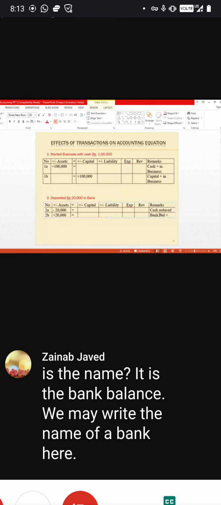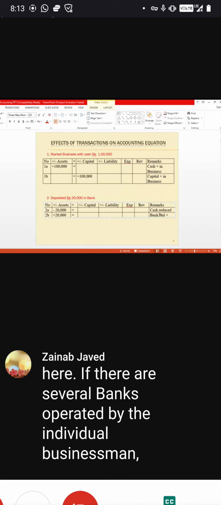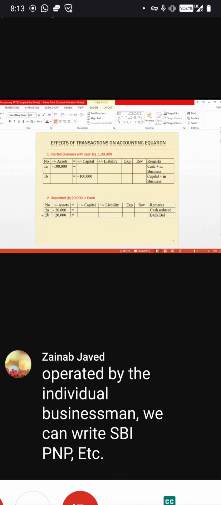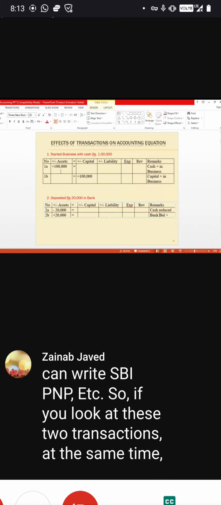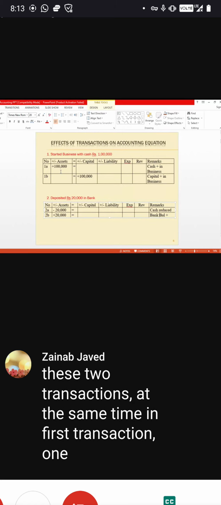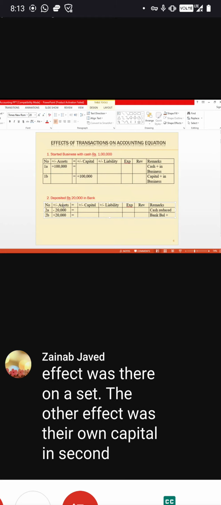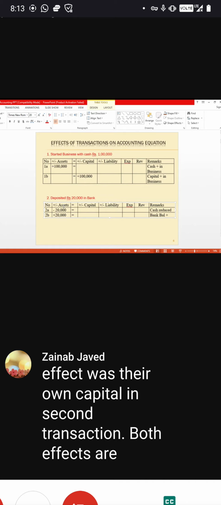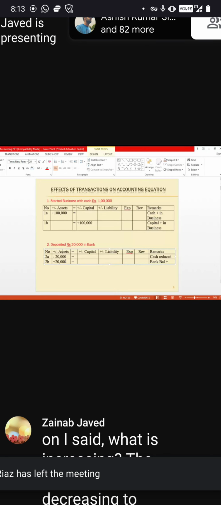If there are several banks operated by the individual businessman, we can write SBI, PNB, etc. So if you look at these two transactions at the same time, in the first transaction, one effect was on asset, the other effect was on capital. In the second transaction, both effects are on asset. One is increasing, the other one is decreasing. So the balance equation will be balanced.